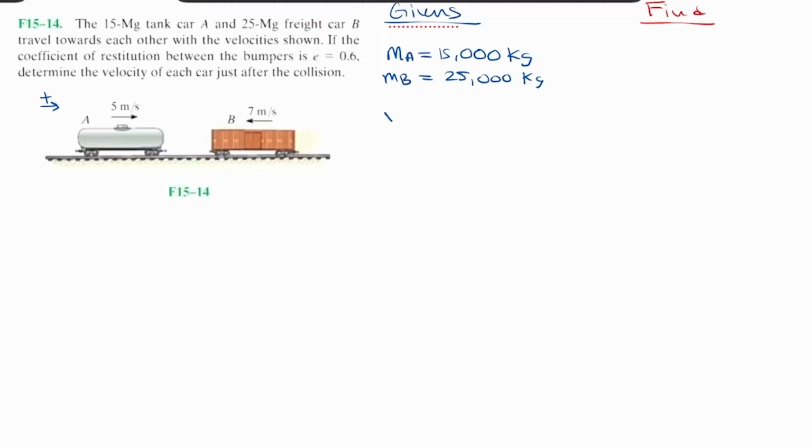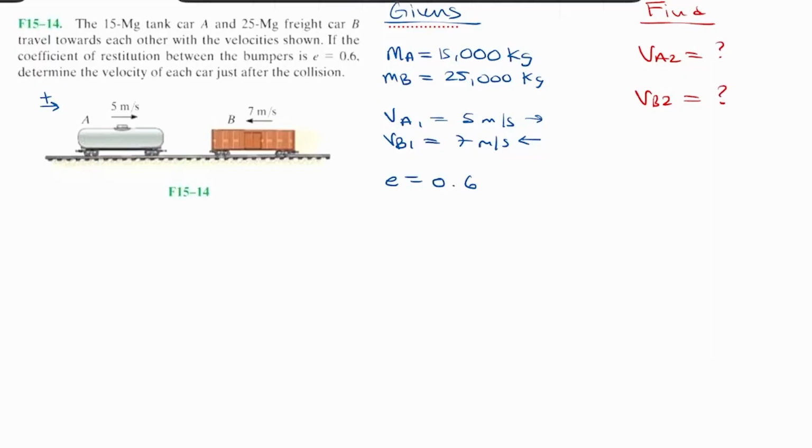We have the velocity of A1, that is 5 meters per second to the right. Remember, these are vectors. Velocity of B1, that is 7 meters per second to the left, or we can write it as negative. And they're giving us a coefficient of restitution of 0.6. And they're asking us to find what is VA2 and what is VB2.